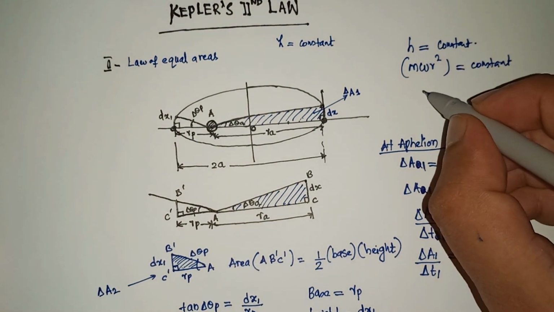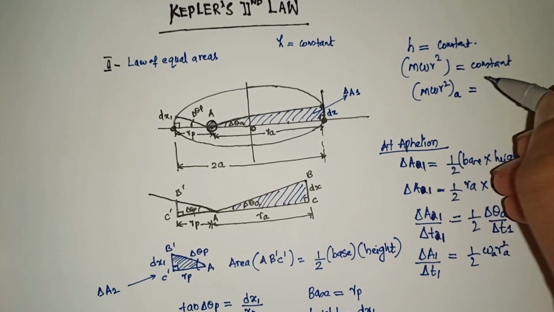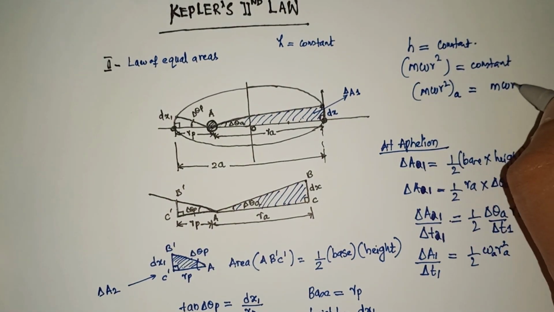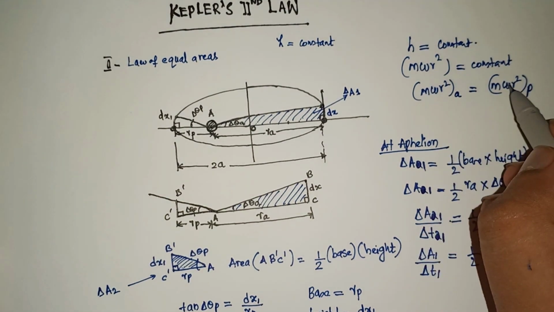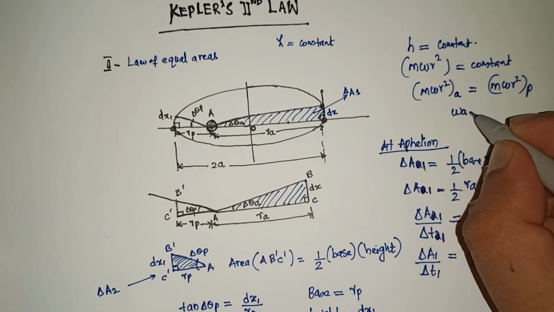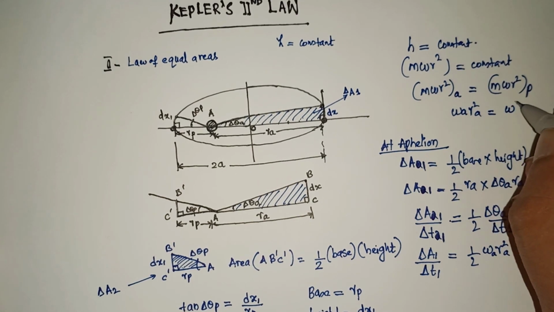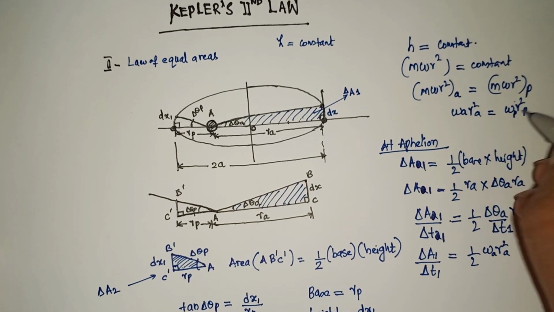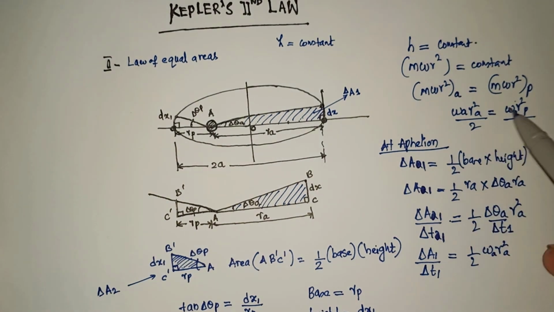So m omega r square at apoapsis is equal to m omega r square in the periapsis or the perihelion. If mass is going to be the same, then you can cut it off. So you get omega a into r square a equal to omega p into r square p. Now you divide by 2. Ultimately you end up with these two terms.